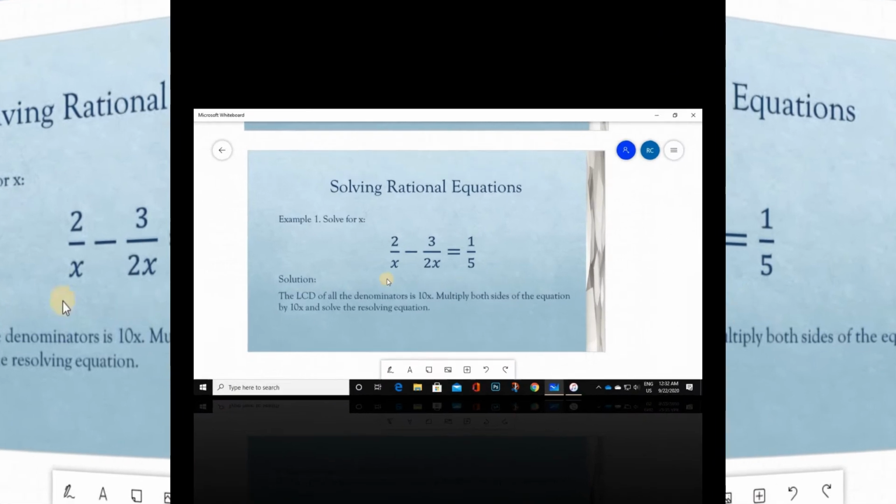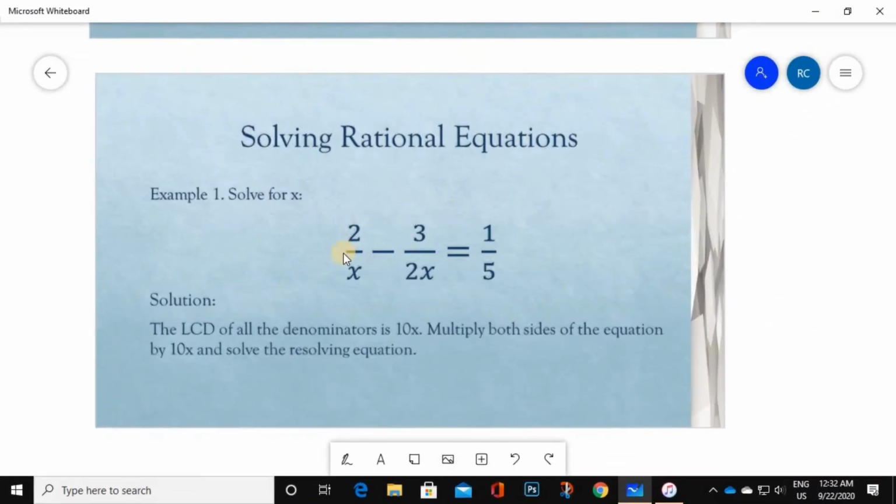Example 1. Solve the value of x in the given rational equation. We have 2 over x minus 3 over 2x is equal to 1/5.